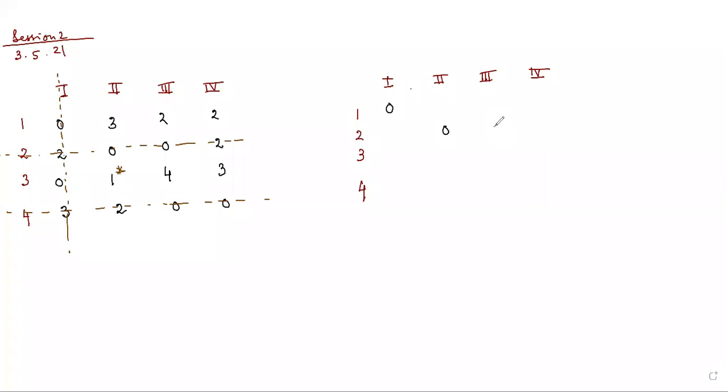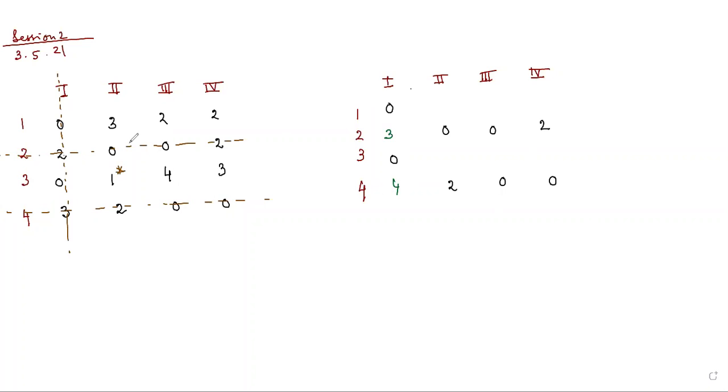Let me write these covered elements first of all. Okay. Now, since this is the minimum uncovered element, that will be added to the covered element which is appearing at the junction point. So let us make it 3 and this one is 4.